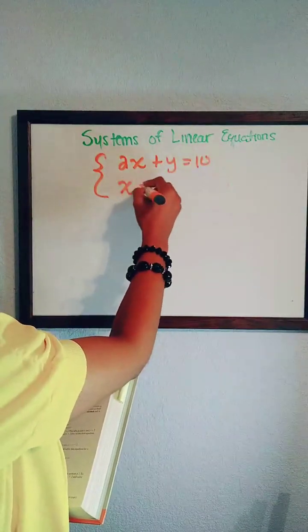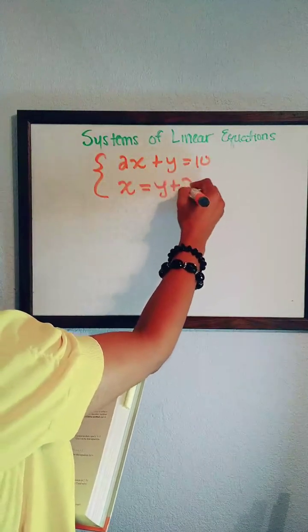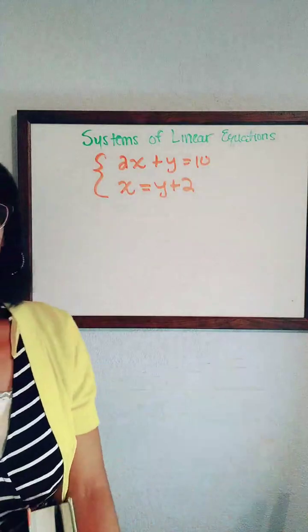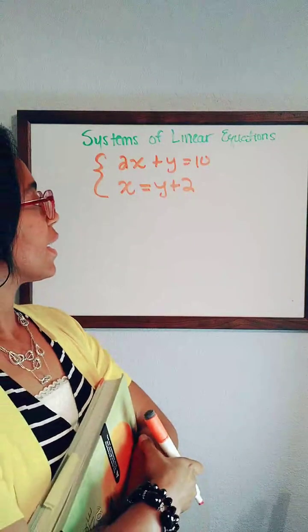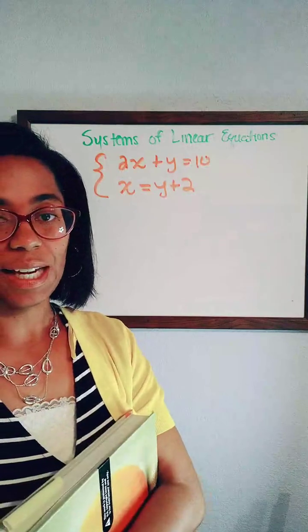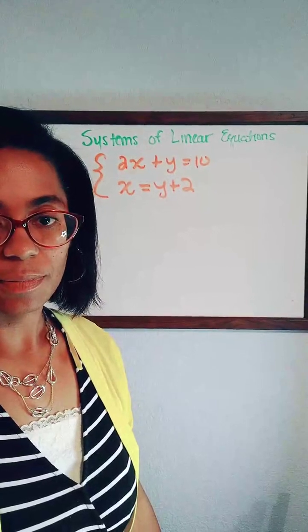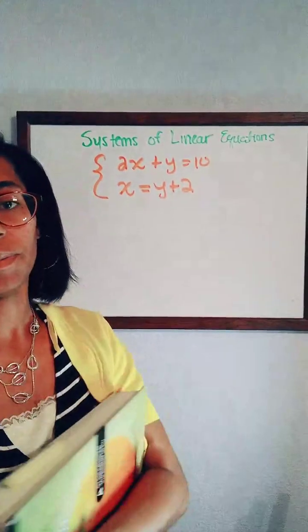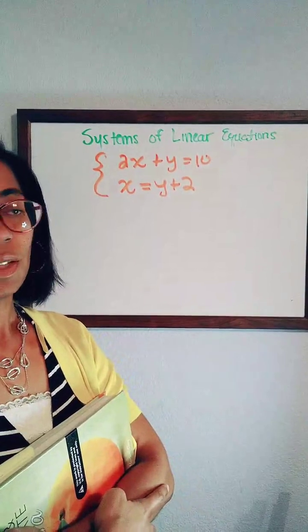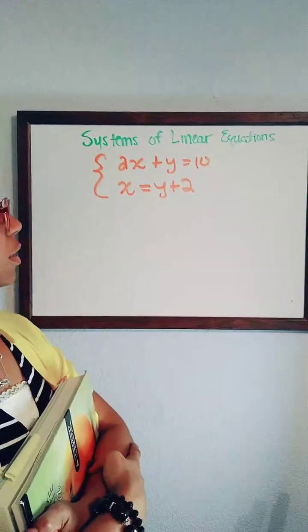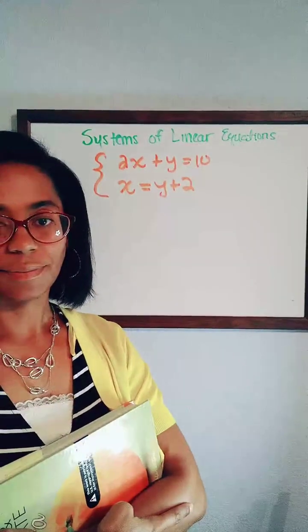Then we have x is equal to y plus 2. I have a lot of variables up here, and I need to find the answer for all of them. What am I going to do?